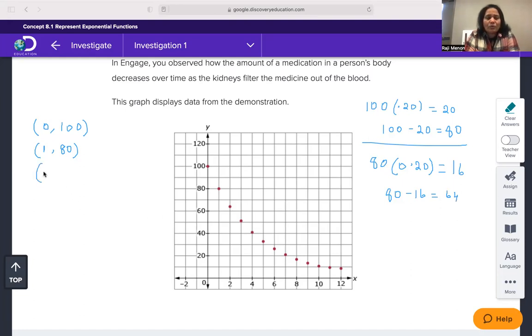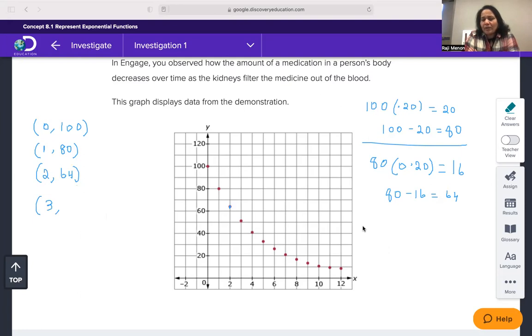When it comes to 2, it is going to get to 64. That is the amount you are seeing here. That is how you read this, 64. Now you have to find the 20% of 64, which is going to get some decimals. 20% of 64 is 12.8. So you subtract 12.8 from 64, and you will get the next value. That's how you build that. 64 minus 12.8.